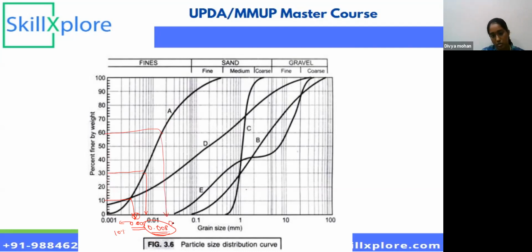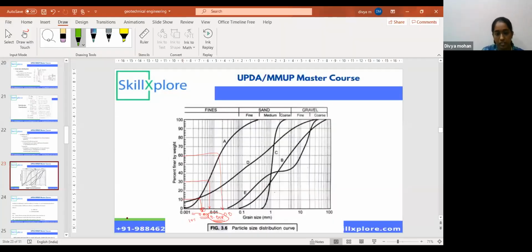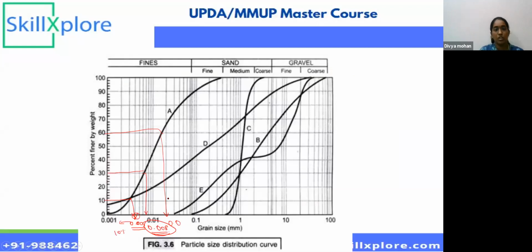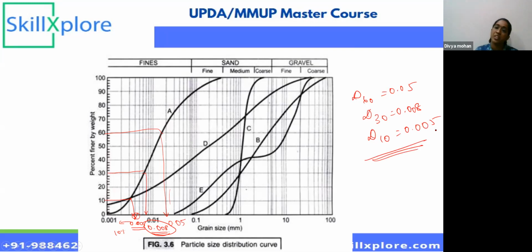I'll take it as 0.05. So here D60 is 0.05, D30 is 0.008, and D10 is 0.005. By these values we can find out the coefficient of curvature and coefficient of uniformity.